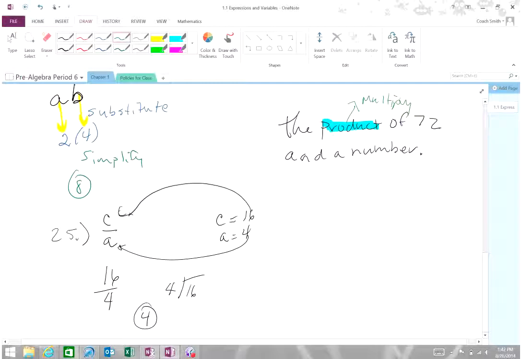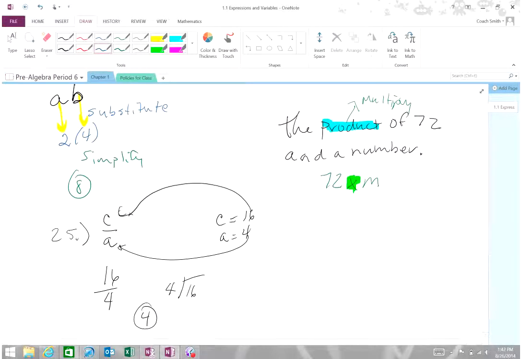Okay, so when they say the product of 72 and a number, that would be 72 times a number. Well, we don't know what the number is, so we'll say M. You do not need the multiplication sign.